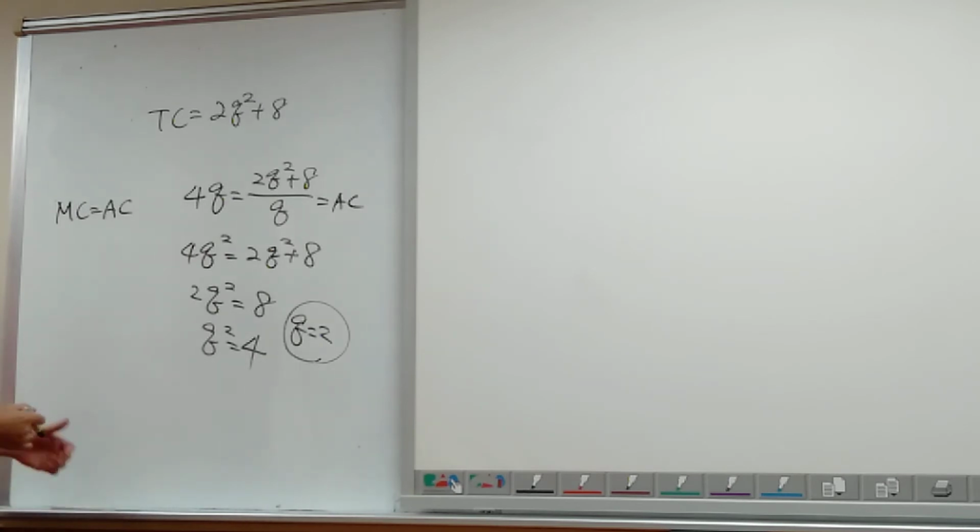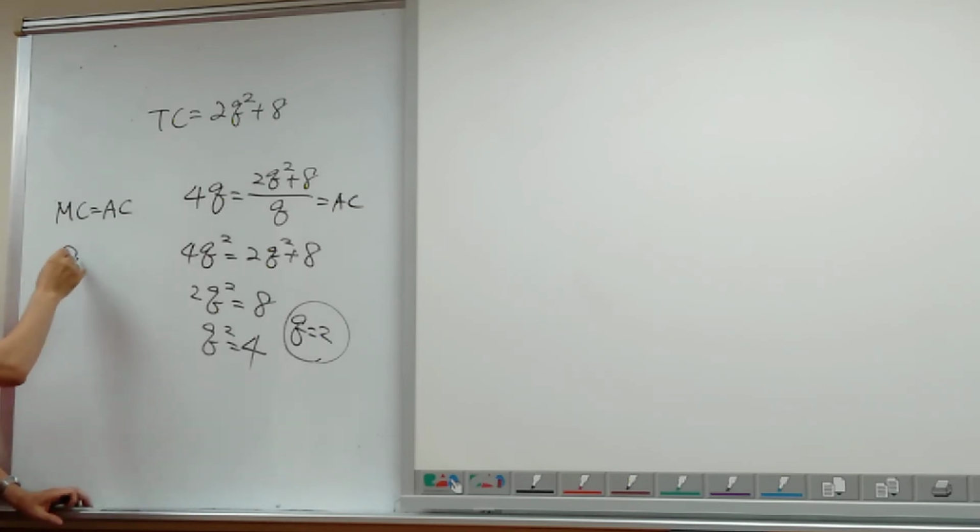So what is P? Well, where is P? We have P is equal to MC, right? So MC is equal to 4Q. So P is equal to 8, right?